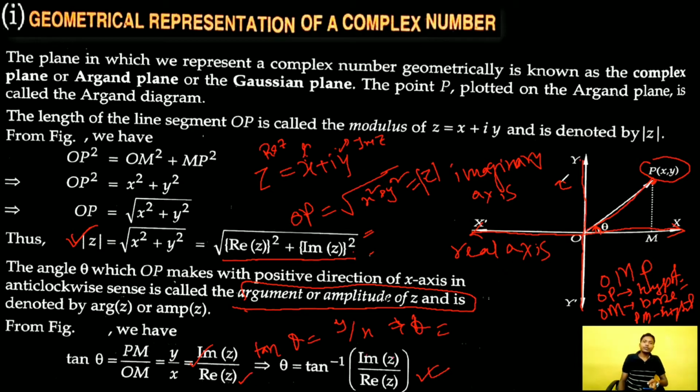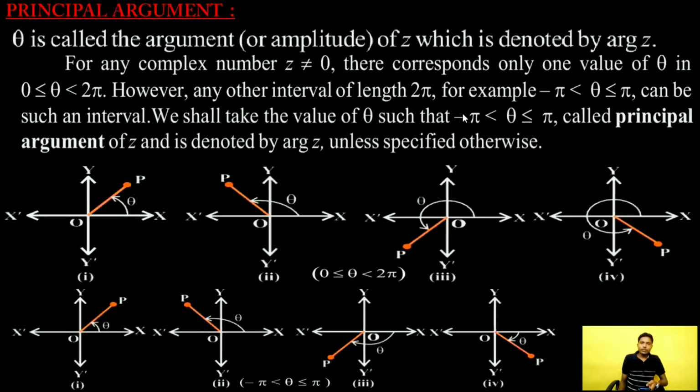This is our geometrical representation of a complex number, and the whole plane is called the complex plane, Argand plane or Gaussian plane. Now, to represent any complex number, this point P(x, y) makes an angle theta with the positive direction of the x-axis.